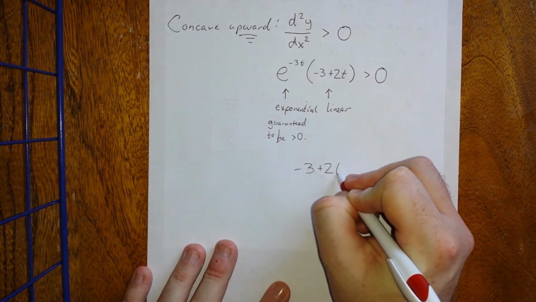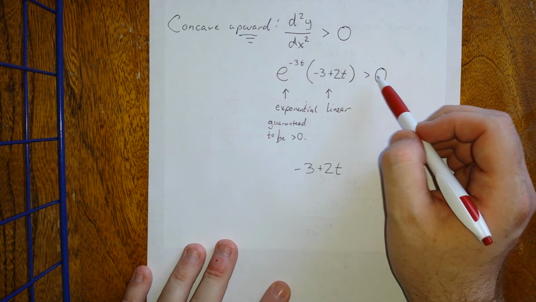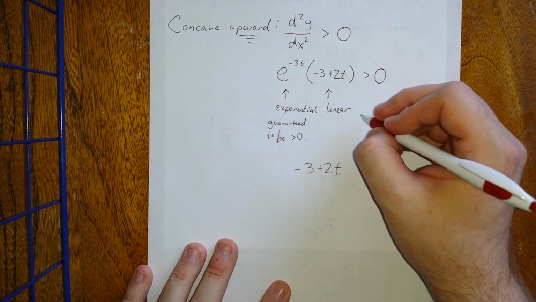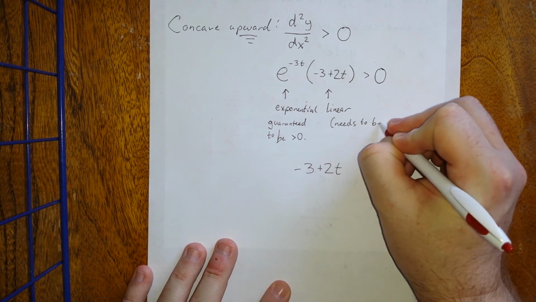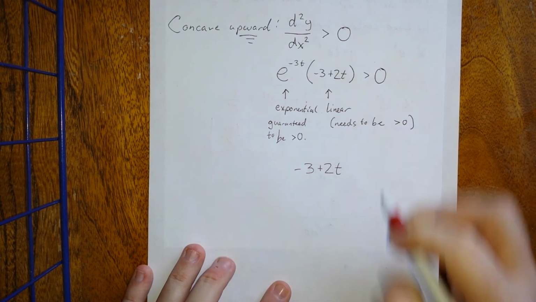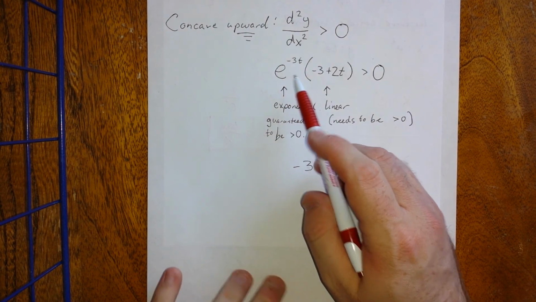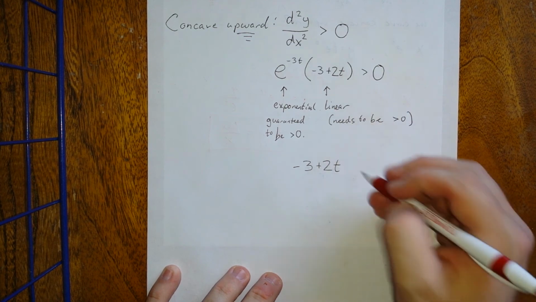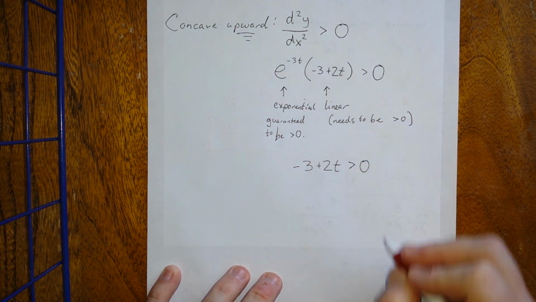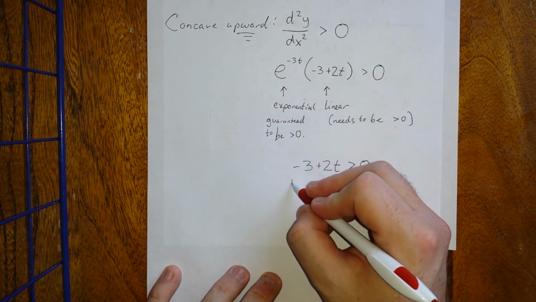In order to multiply something positive by something else and get a positive result, that linear term needs to be greater than 0. So we take our linear factor and set it greater than 0. We're going to solve this for t.